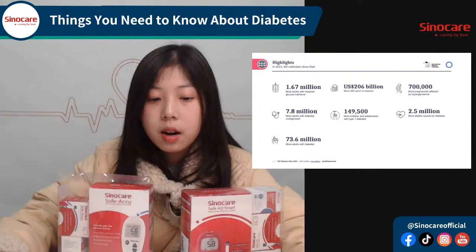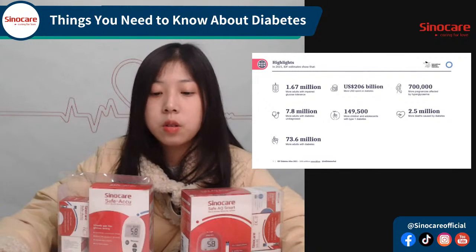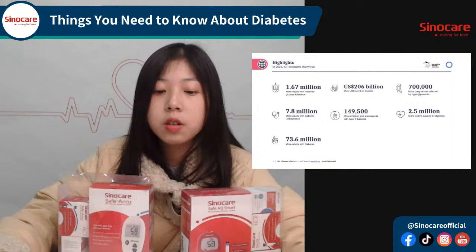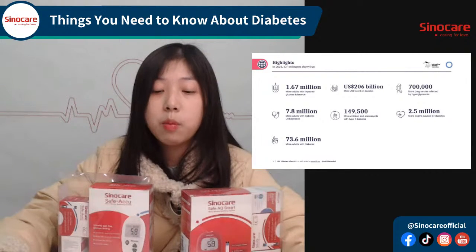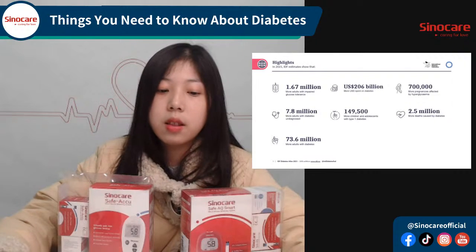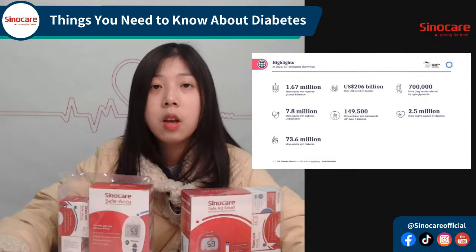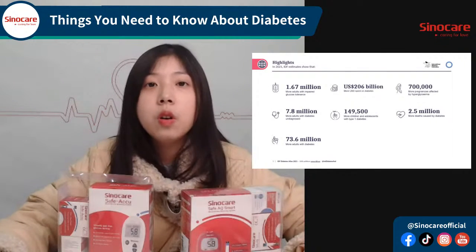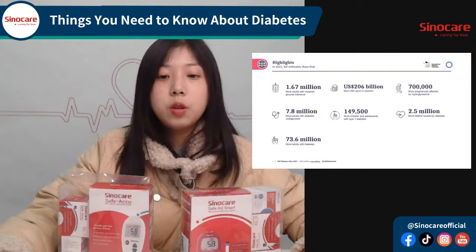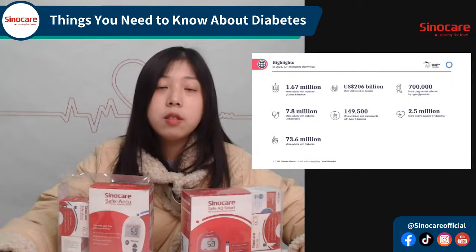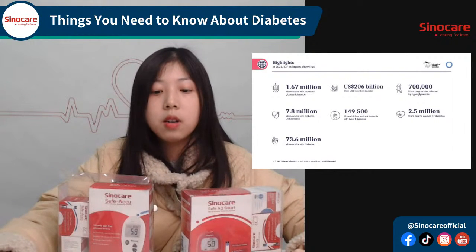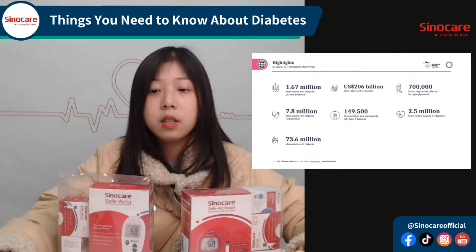Let's keep an eye on this PowerPoint. There are 7.8 million more adults with undiagnosed diabetes, and more children and adolescents with type 1 diabetes, and there are 2.5 million more deaths from diabetes, and more adults have diabetes. So from these two PowerPoints, we have learned the status of diabetes in the world is very serious, right?